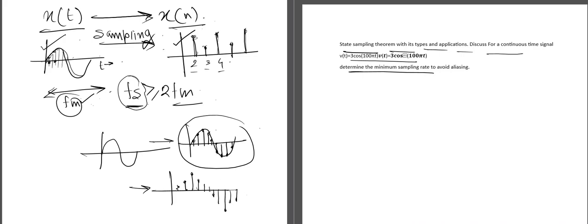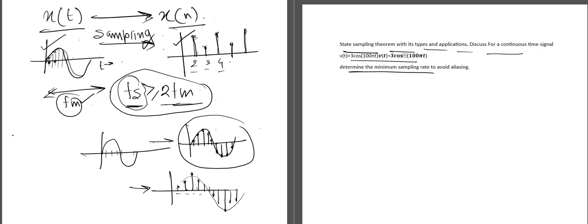If we connect the upper lines, we can see that this will form a sinusoidal signal. So this was a continuous time signal which was defined for every interval of t, and this is a discrete time signal which is only defined for some particular discrete intervals of time. And the sampling theorem states that the sampling rate, the rate at which the signal needs to be sampled, should always be greater than or equal to twice of fm. So this is our sampling theorem.